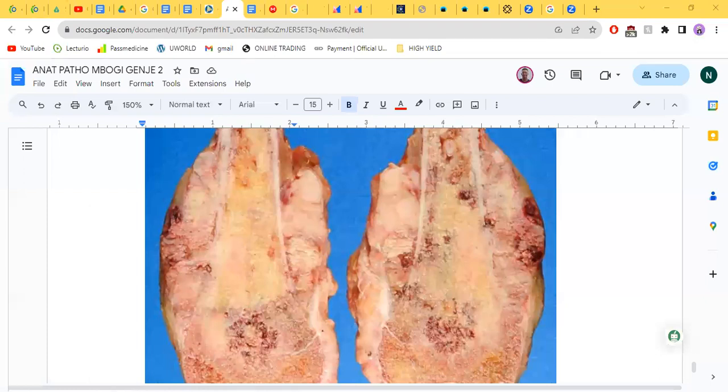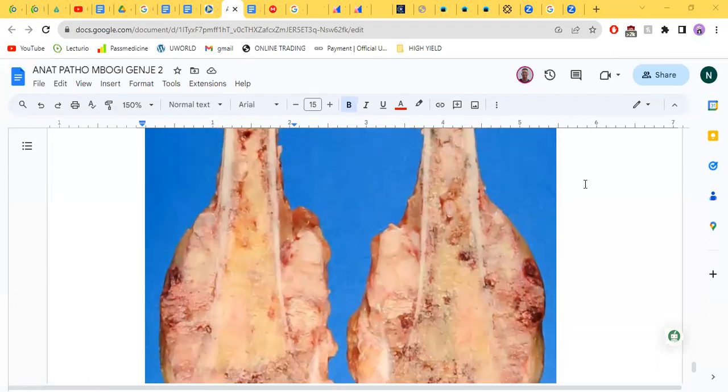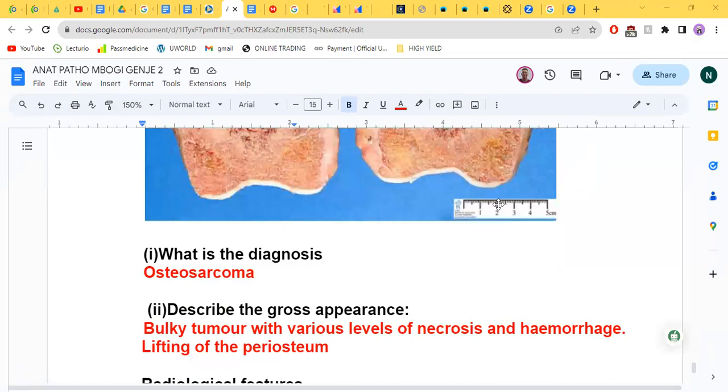Now, what will be the diagnosis? Osteosarcoma, correct. Let's move down. The gross features of osteosarcoma include a bulky tumor with various levels of necrosis and hemorrhage. And also you have lifting of the periosteum.